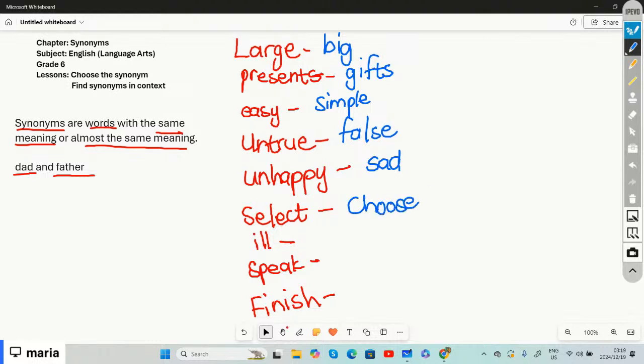right? Choose. What is another word for ill? If you're not feeling well and you are ill, you cannot go to school. Another word for ill. Remember, these are words with the same meaning or almost the same meaning.